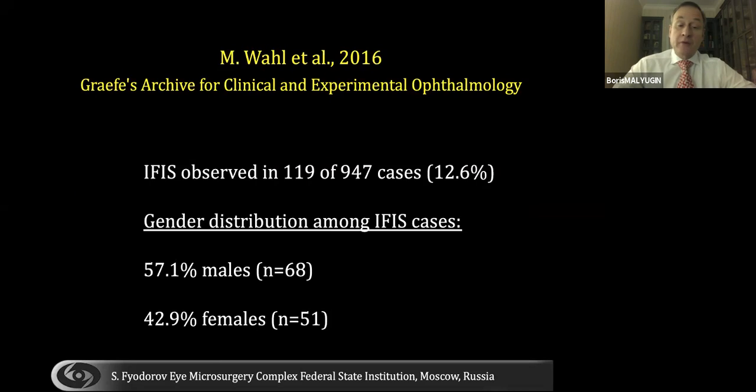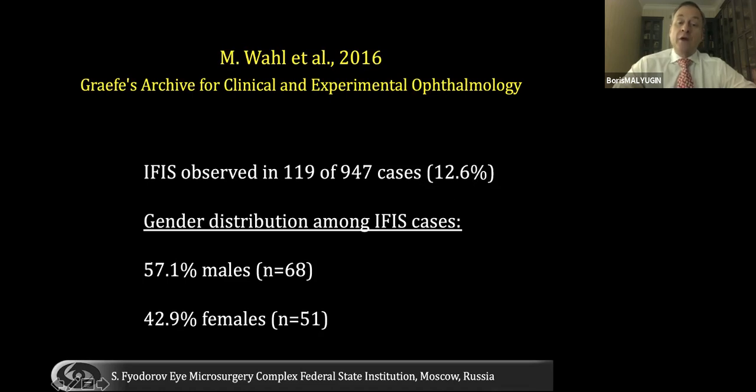So by judging the size of the pupil preoperatively and intraoperatively, you can actually anticipate this syndrome to happen. And the other question is whether intraoperative floppy iris syndrome is associated with medications used for benign prostatic hyperplasia, and as you can see here, it was observed in 12.6% of cases.